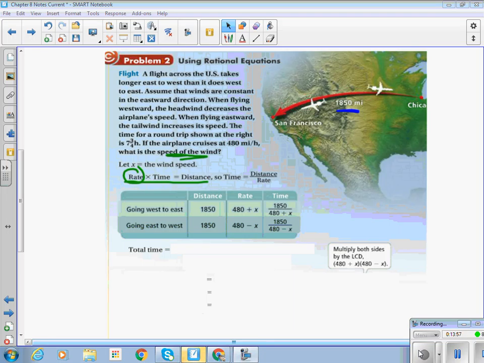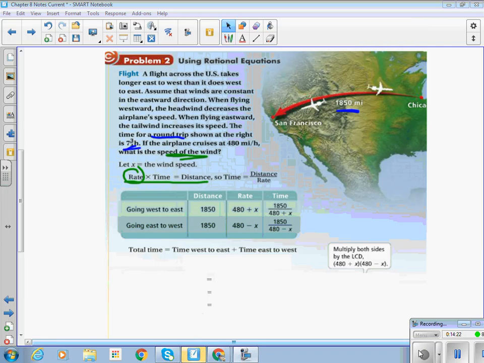Okay. So our total time is the time from west to east plus the time from east to west. So our total time for the round trip, that's this guy. Our round trip is 7 3/4.